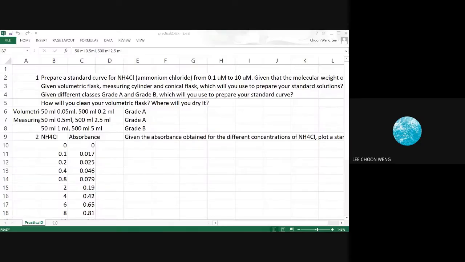For today's practical, you're supposed to carry out spectrophotometric determination of nutrients. Okay. So first, there are different standard operating procedures, different manuals available to determine the common nutrients in the water.